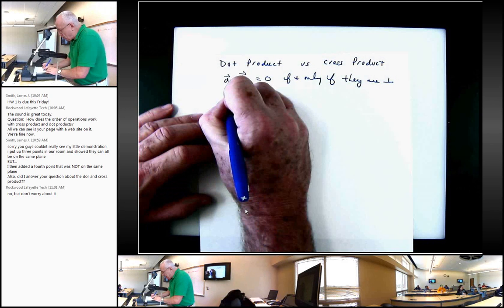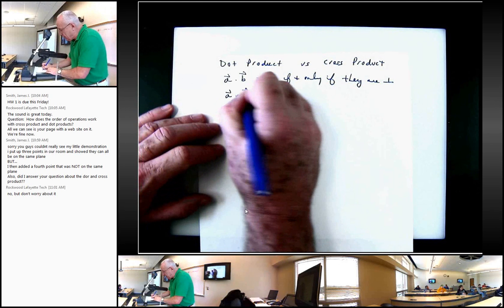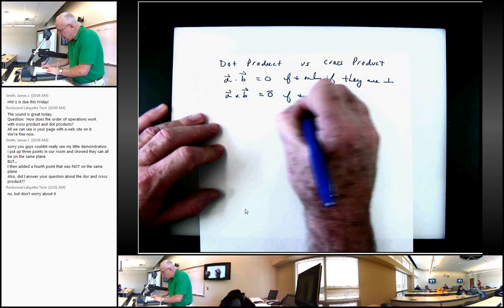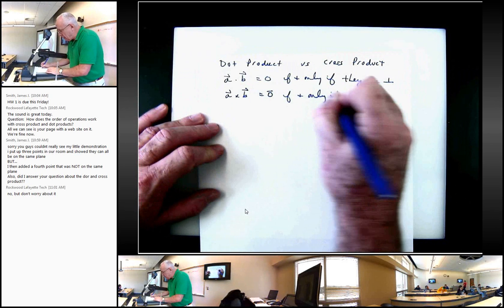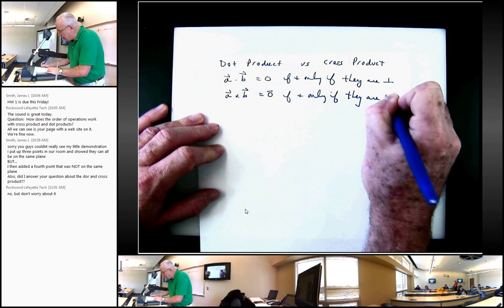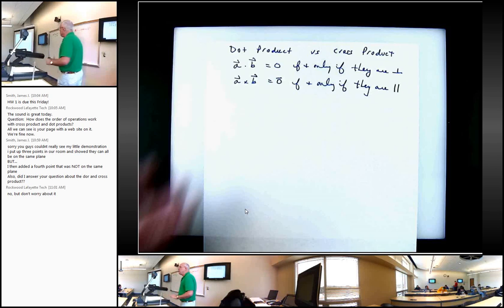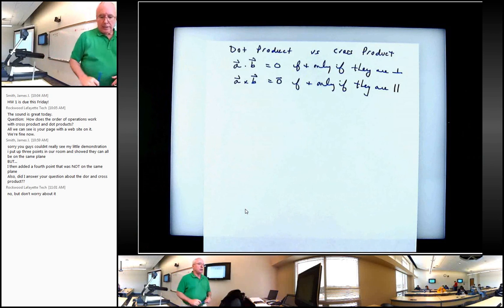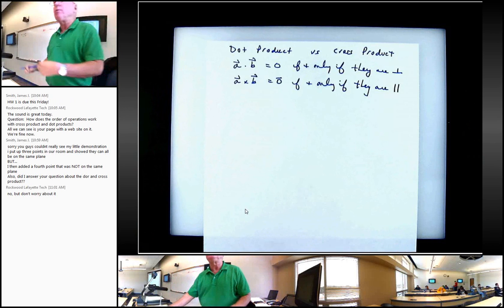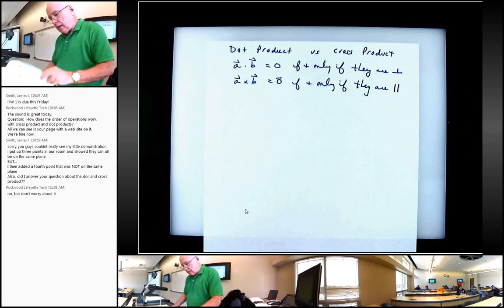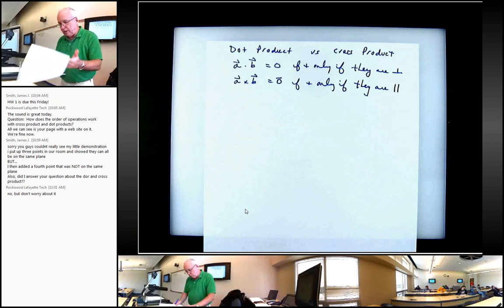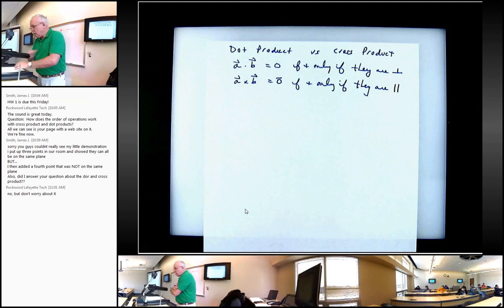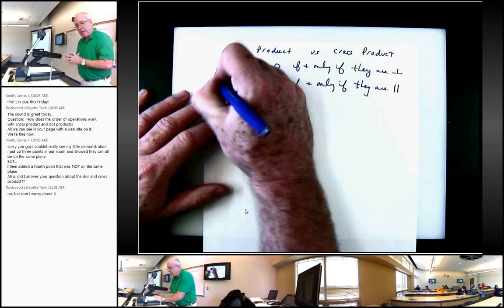But A cross B is equal to the 0 vector if and only if they are parallel. And one way of putting parallel is those two parallel lines like railroad tracks. So that's a contrast between the dot product and the cross product. So let me definitely mark that.